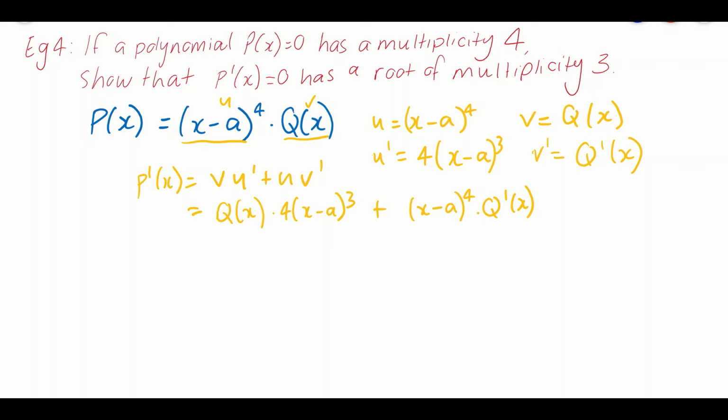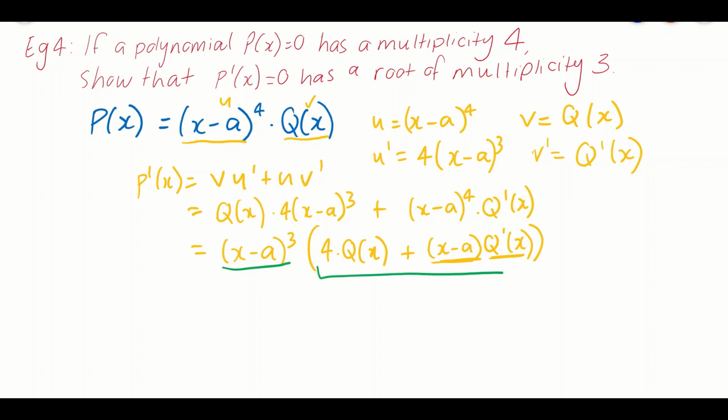When I clean this up, I could bring out 3 of my x minus a's. Now in brackets, what I'm left with is 4 timesing by q of x, plusing an x minus a that's timesing by some other function, which means that will be affected by whatever q dash of x is. Let's have a look. We have x minus a to the power of 3 out the front.